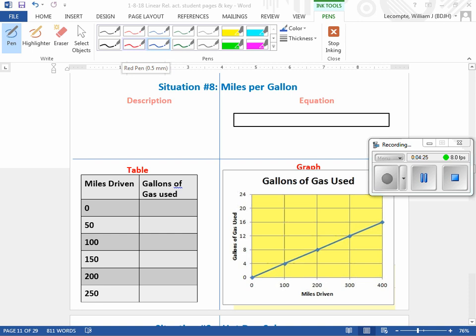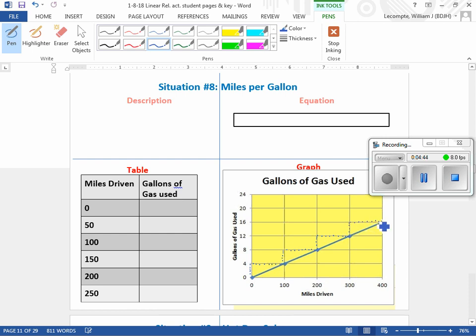So we have a graph that shows us some numbers. When we graphed it, we went from 100, up 4 and over 100, up 4 and over 100, up 4 and over 100.